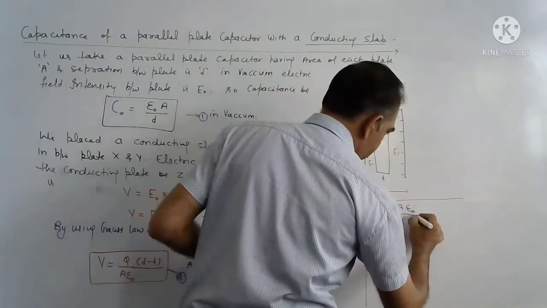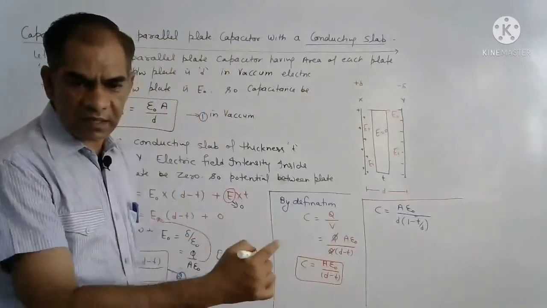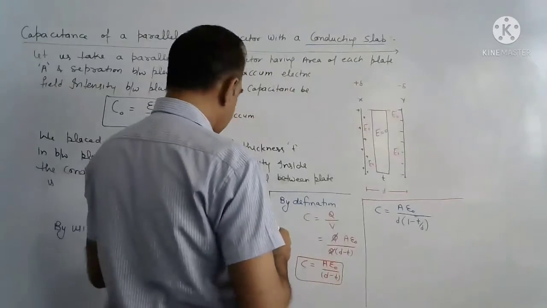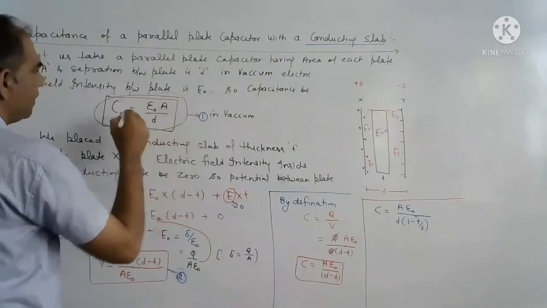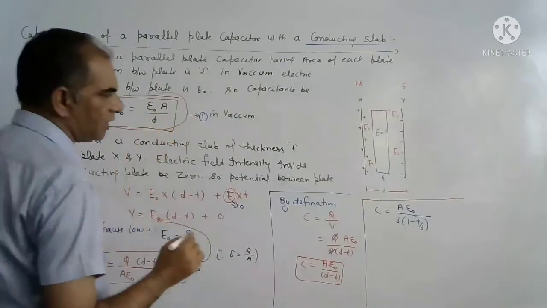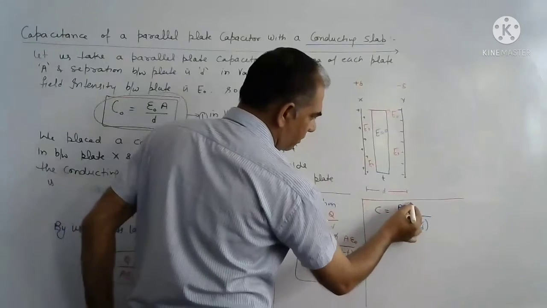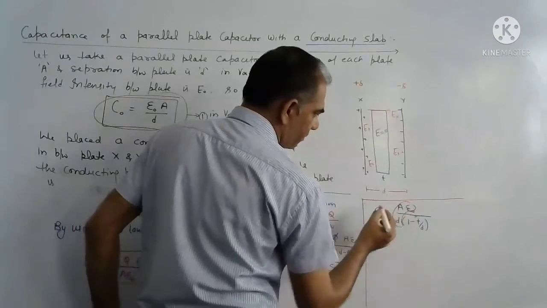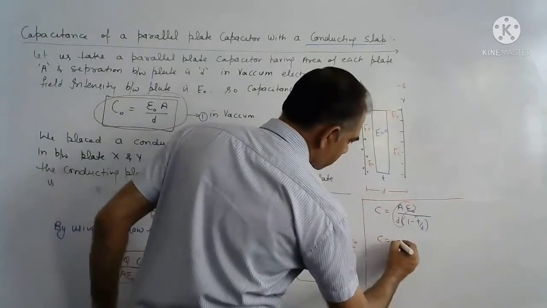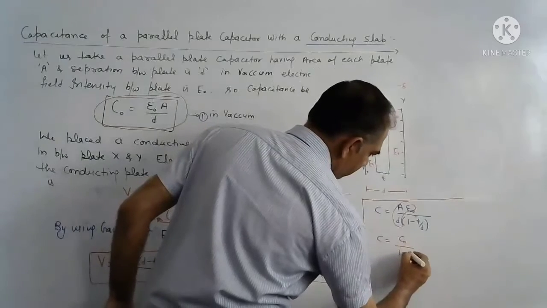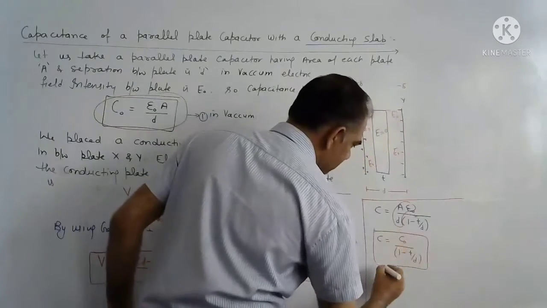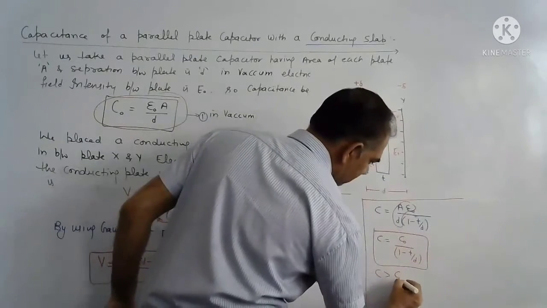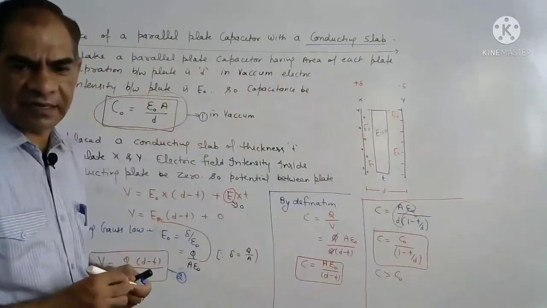From the first equation, A epsilon naught upon d becomes C naught, and this is 1 minus t upon d. Here we can say that C is greater than C naught.